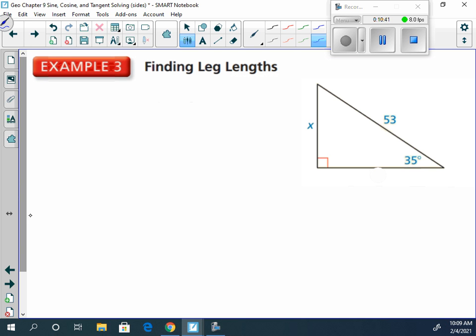So what about this one here? So we're given the opposite side. And what else? So which one uses opposite and hypotenuse? Sine, yes?